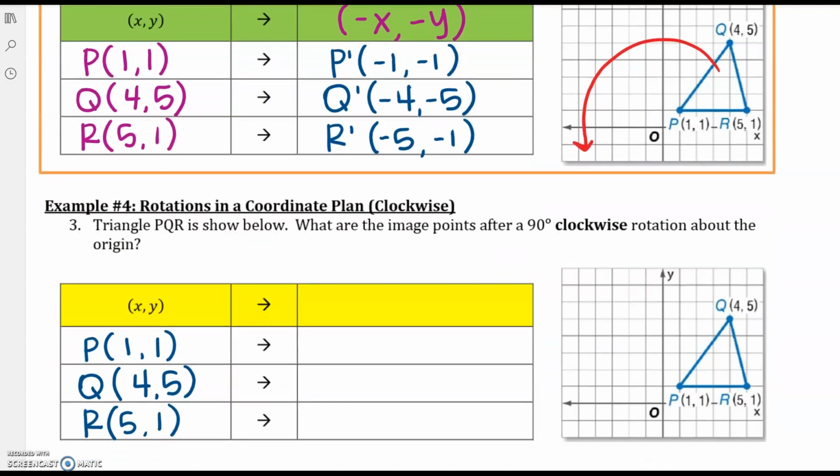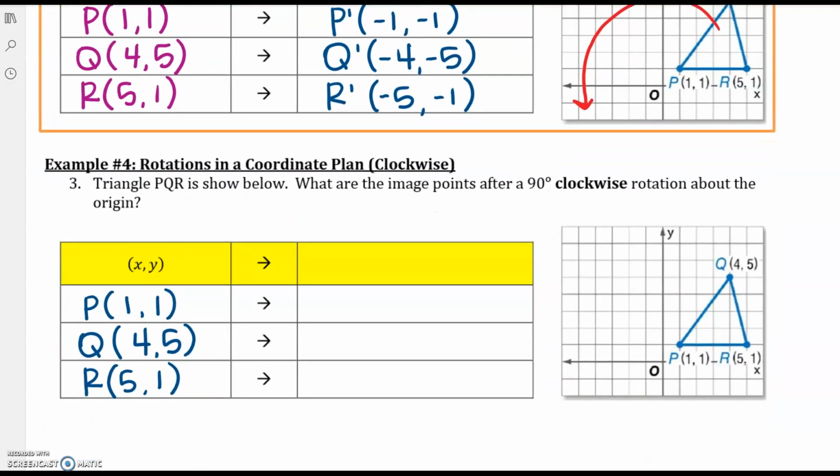All right, and last, we are going to rotate it 90 degrees clockwise, which also means 270 degrees counterclockwise.